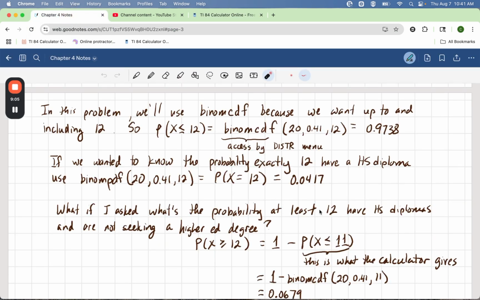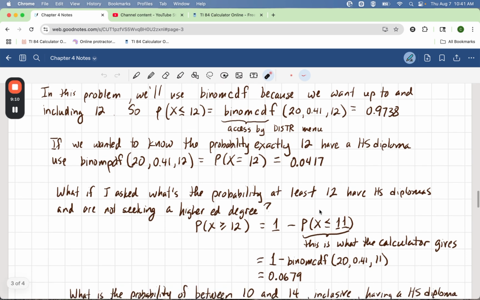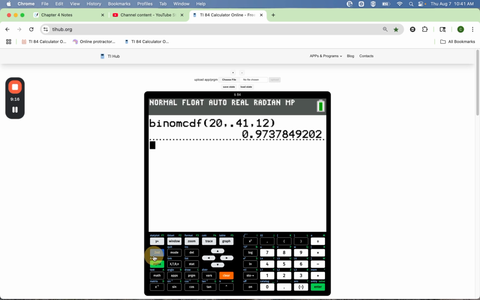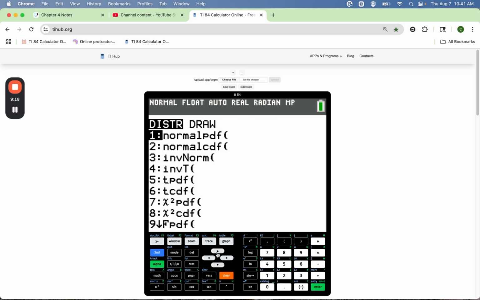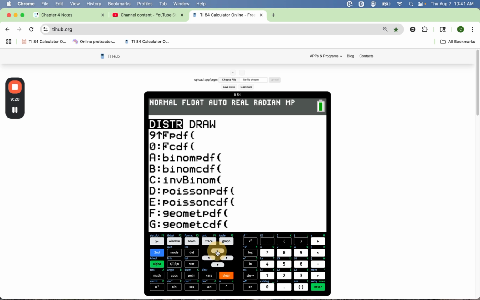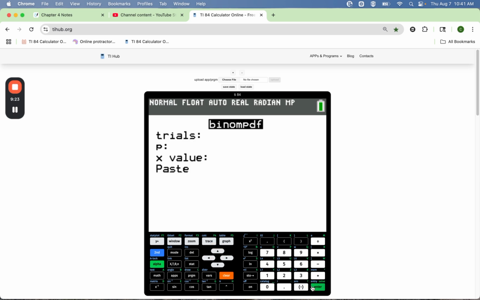If we want to know the probability that exactly 12 have a high school diploma but aren't pursuing any higher ed, we would use binomPDF. Same deal: second, distr, binomPDF right there, trials 20 again.